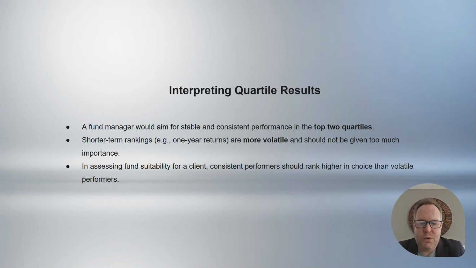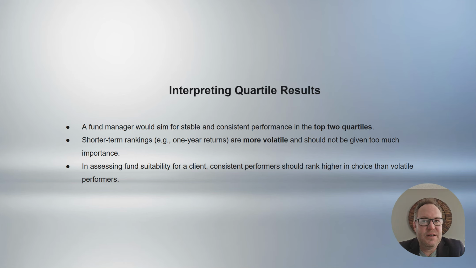So again, interpreting quartile results, a fund manager would aim for stable and consistent performance in the top 2 quartiles. Shorter term rankings like 1-year returns are more volatile and should not be given too much importance. In assessing fund suitability for a client, consistent performance should rank higher in choice than volatile performers. Again, it's not simply looking at what is currently top quartile.